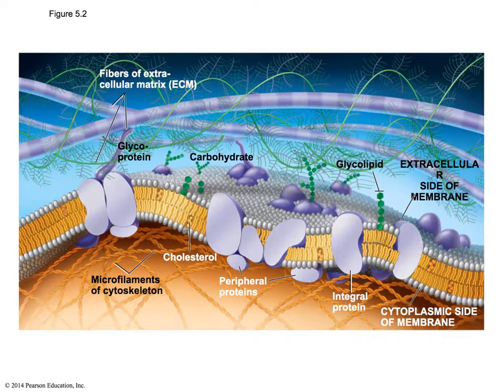So we can talk about the bilayer having different faces: a cellular face on the inside portion, and an extracellular face on the outside portion. In between those, you have your proteins that are integral or peripheral, and carbohydrates that collectively make the glycocalyx.